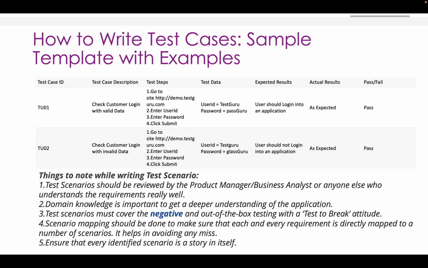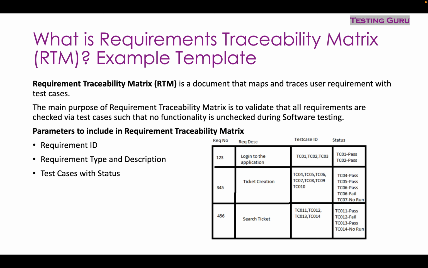So next we'll move on to the requirement traceability matrix. So what is a requirement traceability matrix? Okay, the requirement traceability matrix, also called RTM, is a document that maps or traces the requirements to the test cases. The main purpose of the requirement traceability matrix is to validate that all the requirements are checked via test cases, such that no functionality is unchecked during software testing.